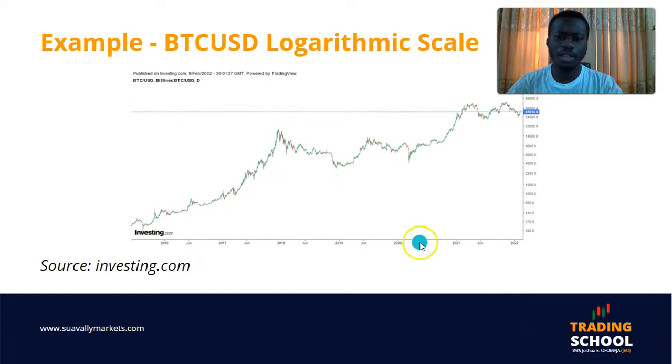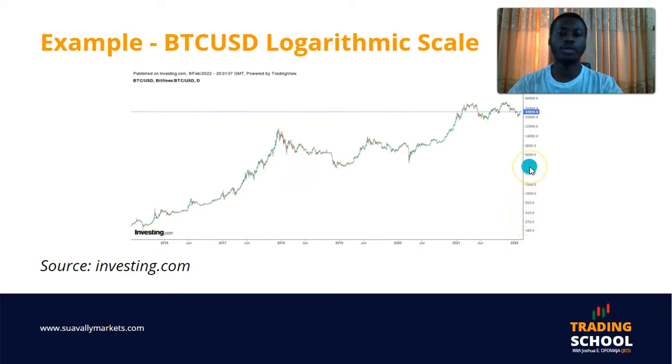All right. Now you can see how significant in percentage terms price was from the 2016 period to 2017 compared to the 2020 move. Because now we're not looking at a simple linear price scale. Now we're looking at percentage moves.